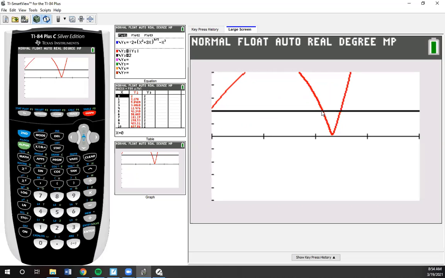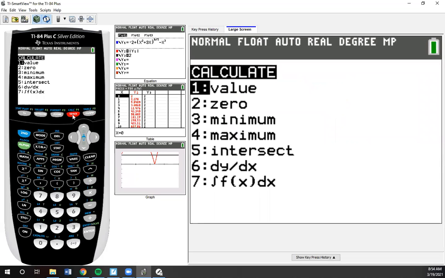So the way that I can do that in the calculator is we are going to go second, trace, that's the calculate menu. And it's going to say, what do you want to calculate in this graph? Well, I want to know where these 2 graphs intersect. So calculate intersection.